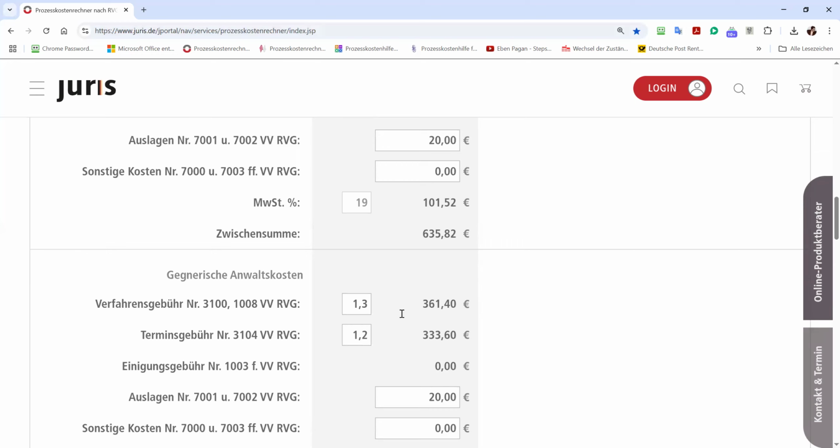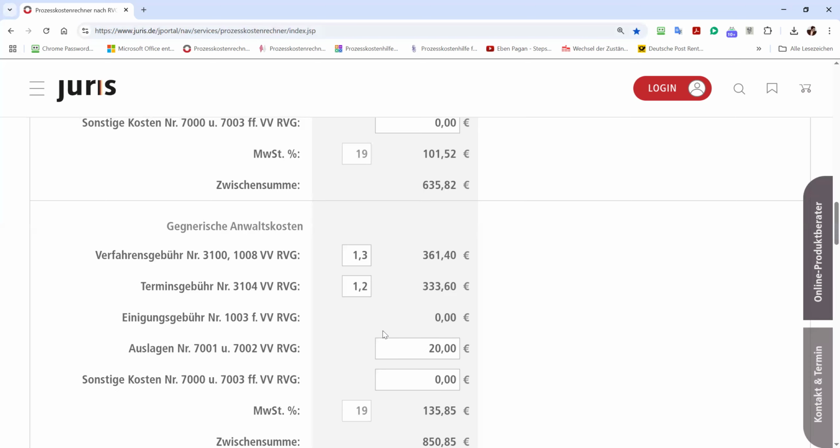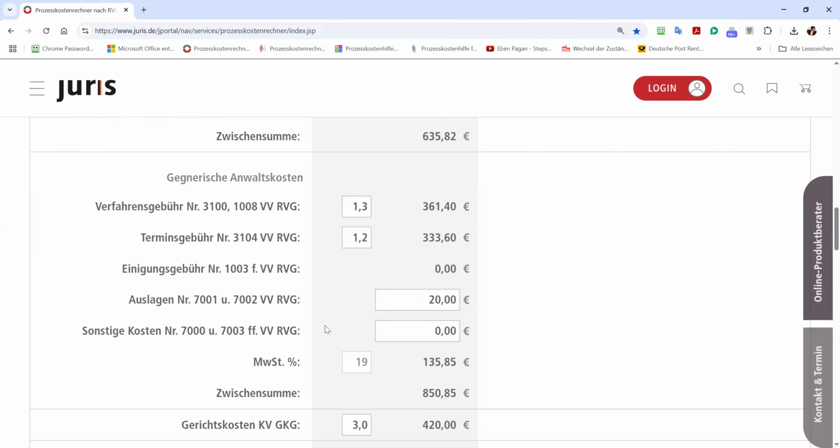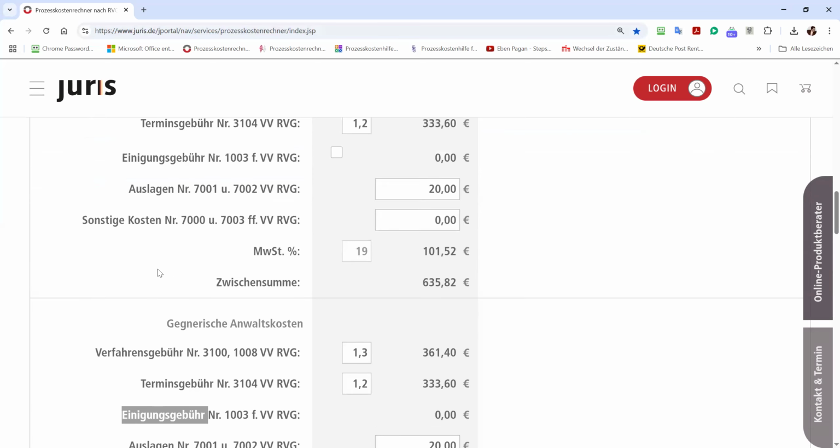Now, if the case in question concludes at the first instance with a settlement or any kind of agreement, both attorneys will incur a settlement fee. It's this one here, Einigungsgebühr. Einigungsgebühr means settlement fee, right?